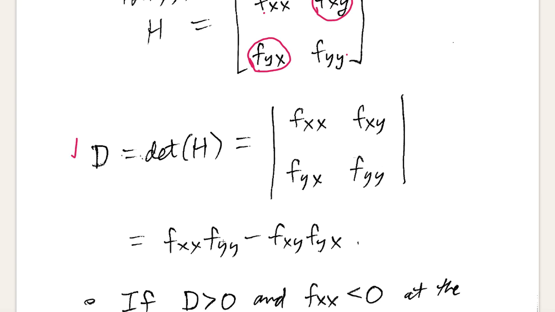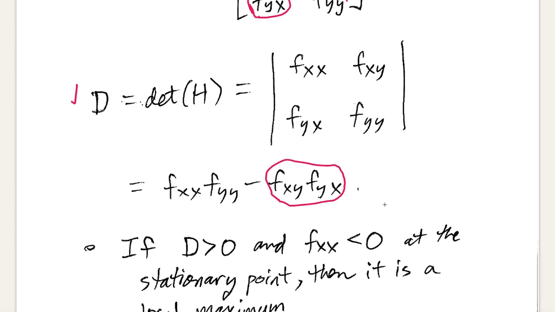It's very easy. It's the product of the main diagonal elements minus the product of the off diagonal elements. Again, this is typically just going to be the square of f sub xy, since they're going to be equal. So anyway, this is what I'm going to call D, the determinant of my Hessian matrix.